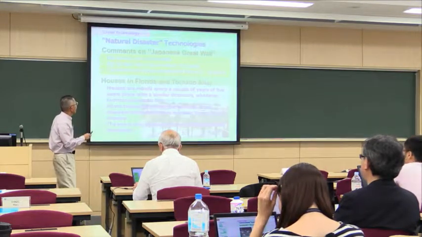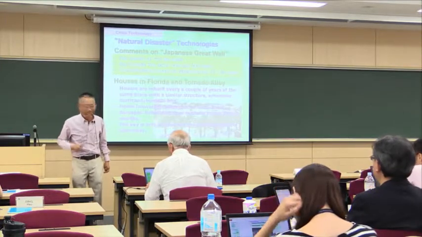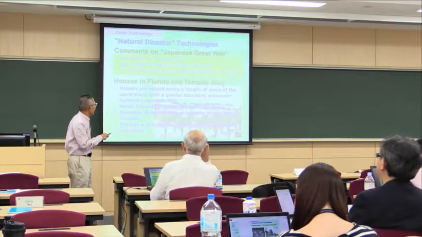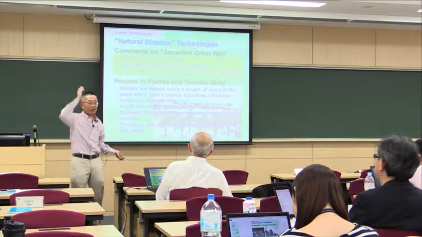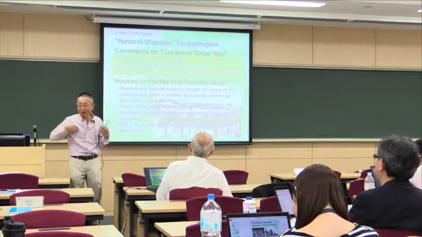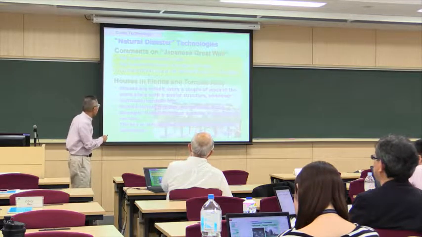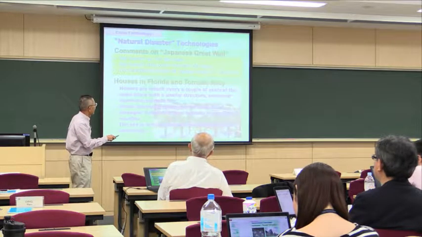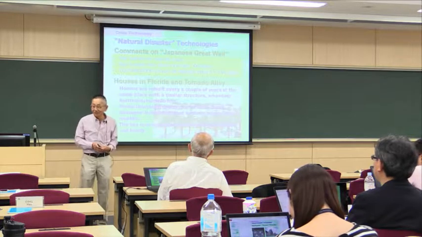So houses in Florida and the tornado alley in our area, okay? How are they rebuilt every couple of years? Because tornado crashes them, okay? They know the tornado comes every 2 years, okay? Therefore, the same place and a couple of years later at the same place with a similar structure whenever hurricane or tornado hits.